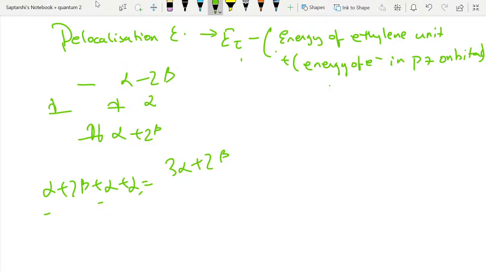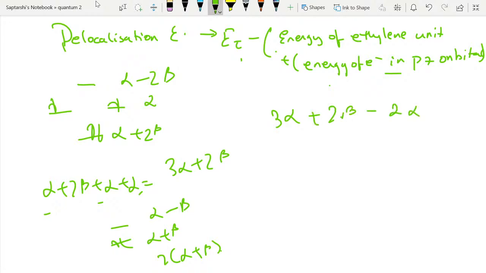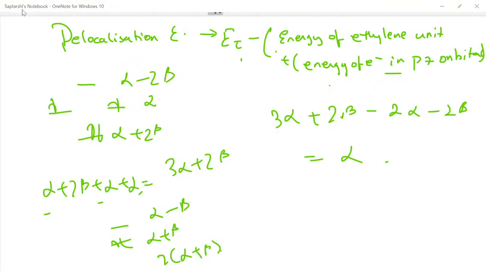For the energy of the ethylene unit, if you remember, the levels were alpha plus beta and alpha minus beta, and with 2 electrons this is 2 alpha plus 2 beta. So this answer will be 3 alpha plus 2 beta minus 2 alpha minus 2 beta, which is alpha. So this should be the answer.